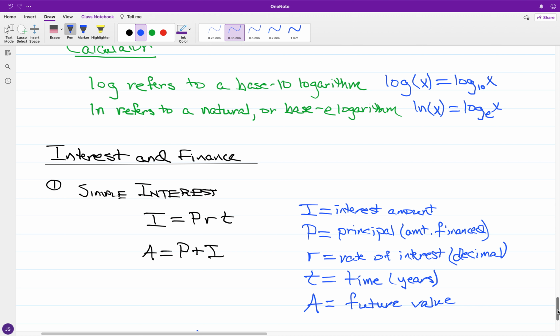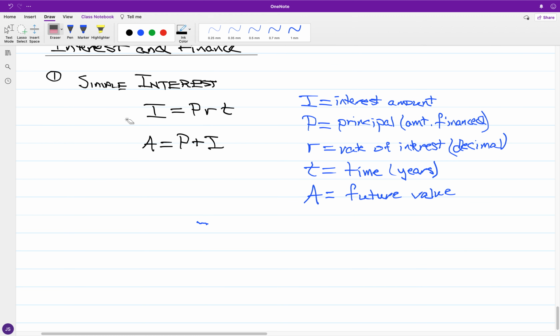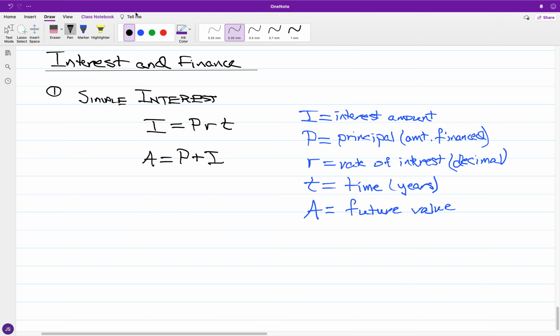So when one refers to interest, it could be simple interest. But if you're looking at a long-term situation, we might also be referring to compound interest. You have a lot of the same characters from simple interest, and this is going to involve an exponential function.